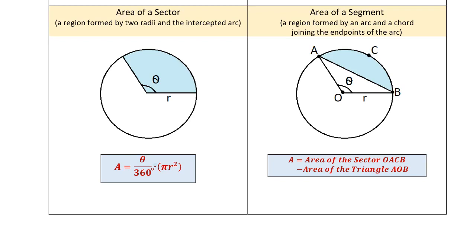In this given figure, the sector is given by the letters O, A, C, and B, and the triangle is given by the letters A, O, B. So if we subtract the area of the triangle from the area of the sector, we will get the area of the segment. Now let's solve some exercises.